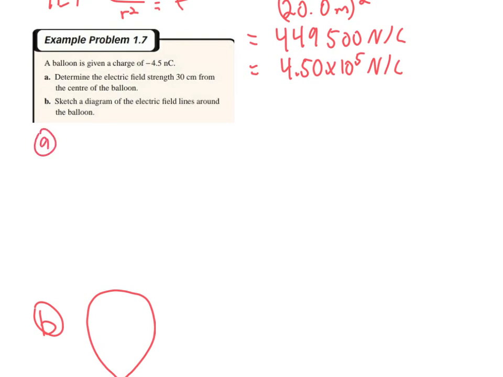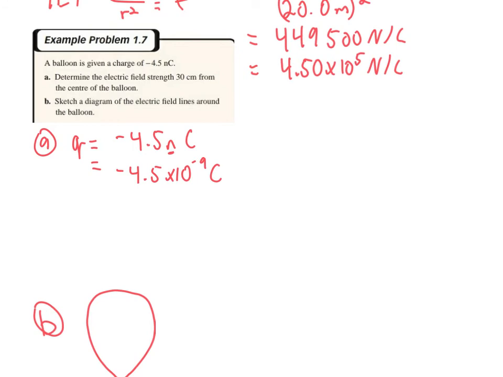we have the charge given to us. Q is equal to negative 4.5 nanocoulombs. If you use the first page of your data booklet, you will find out that nano means times 10 to the negative 9. So this is negative 4.5 times 10 to the negative 9 coulombs. Remember, we cannot be in nanocoulombs. We need to be in coulombs according to our data booklet.